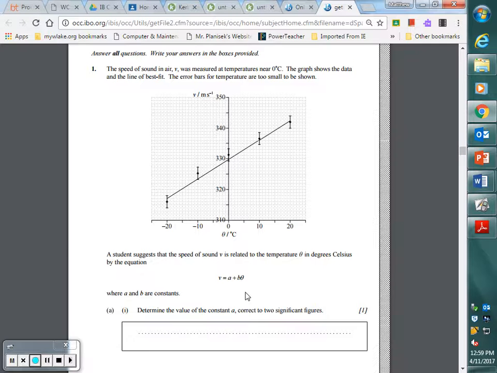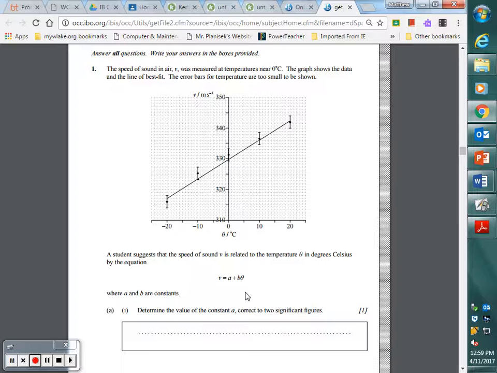First, hopefully you look at this and go, duh, but just to make sure, what kind of relationship are we talking about here? It's a direct, or linear, relationship, and as a linear relationship, it should have the equation of a straight line. You always learn the equation of a straight line is y equals mx plus b. This is y equals mx plus b, just in a different order. V is on the y-axis, theta is on the x-axis.